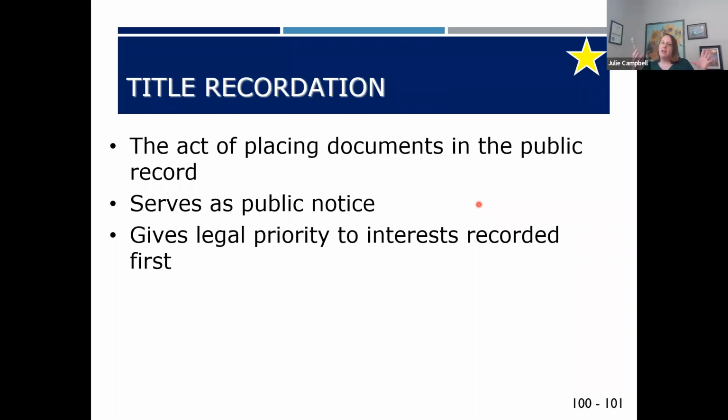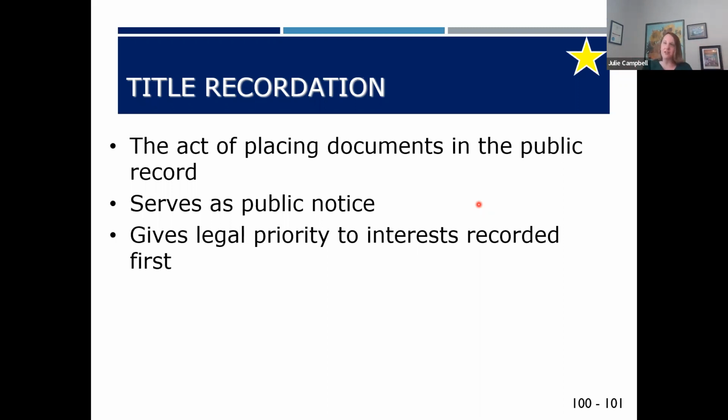Putting a lien on record notifies the public the owner of record owes me money. So if you try to sell your home, the buyer's attorney is going to do the research and find those outstanding liens and make sure you clear them up before they convey. You guys with me? This is why we record.